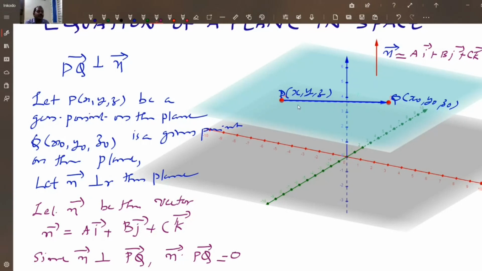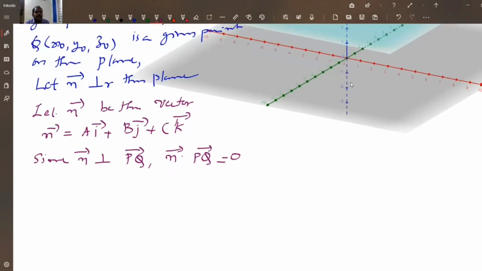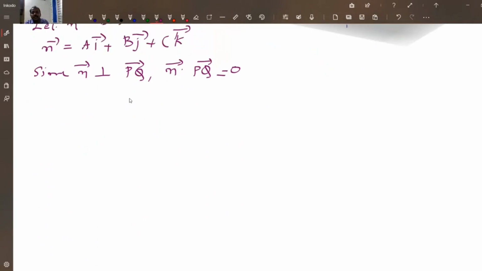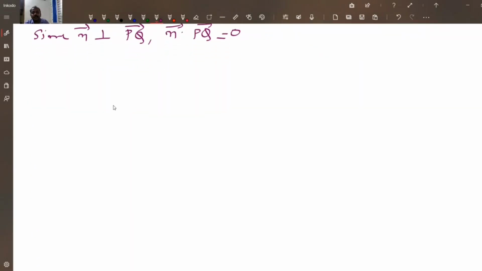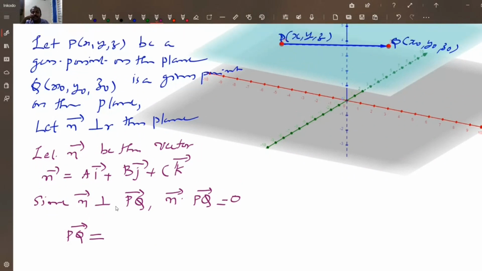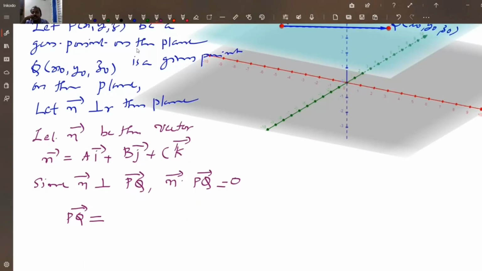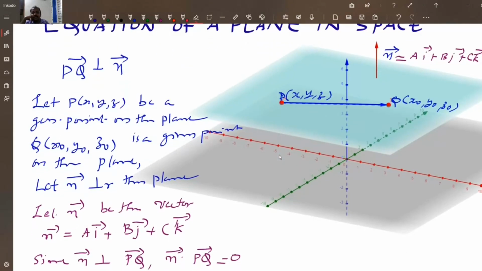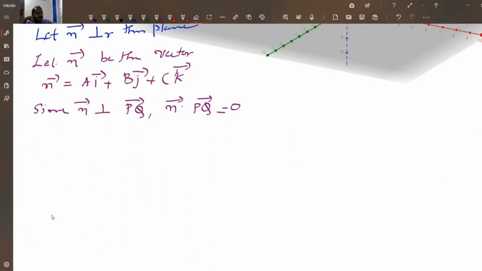Also you can consider QP, but for notational convenience, you consider n dot PQ. What is PQ?